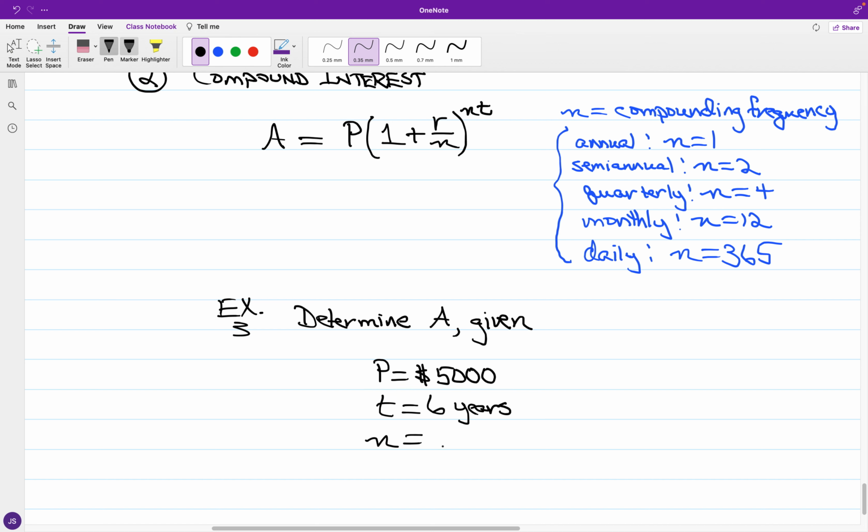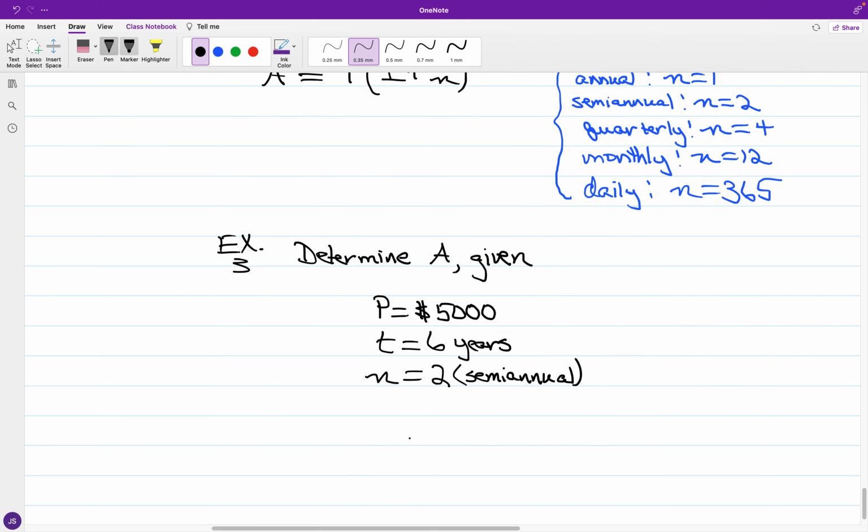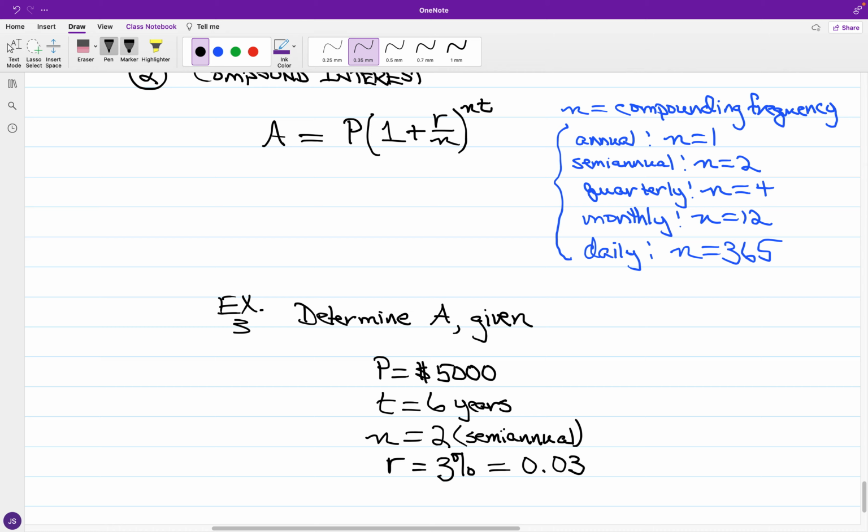And we'll say that the frequency of the compounding will be done on a semi-annual basis. And we'll say that for the rate of interest, okay, so the quoted percentage rate will have at 3%, and to be able to plug in to the formula, okay, so just writing as a decimal without the percent, okay, so you have 0.03.